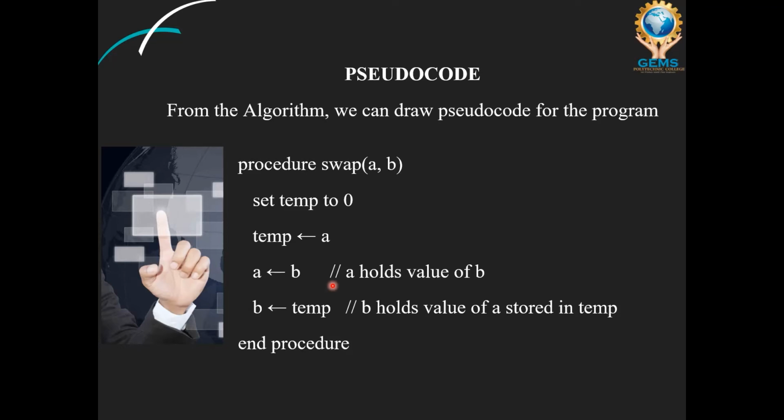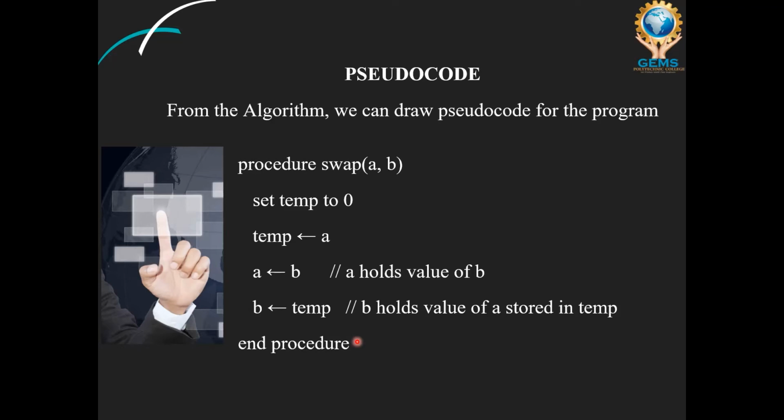That means a is going to hold the value of b. The same way, b is going to hold the value of temp. That means the value stored in temp is going to be held by the variable b here. So these are the basic steps of writing pseudocode based on an algorithm.